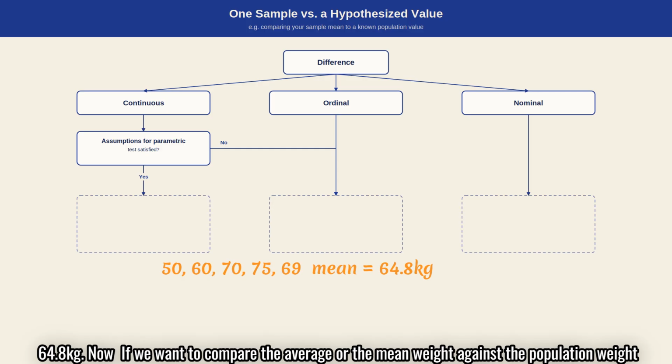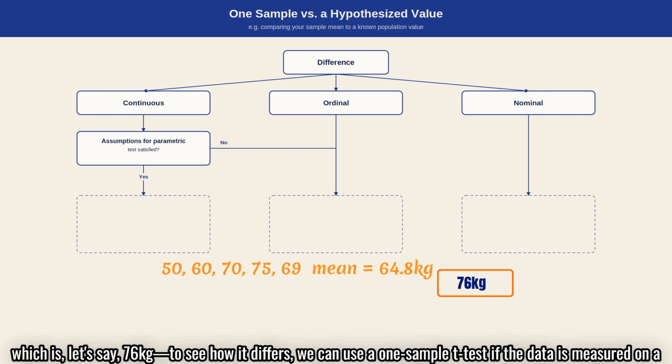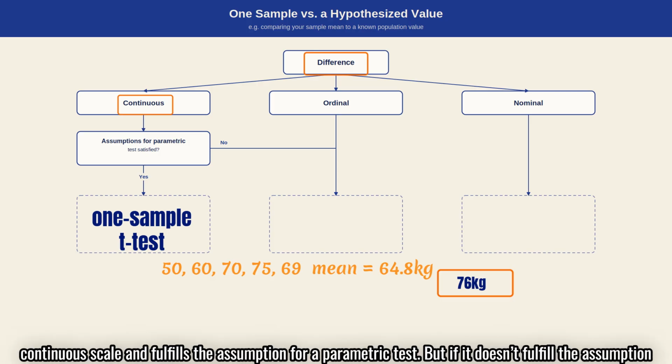Now, if we want to compare the average or the mean weight against a population weight, which is, let's say, 76 kg, to see how it differs, we can use a one-sample t-test if the data is measured on a continuous scale and fulfills the assumption for a parametric test.